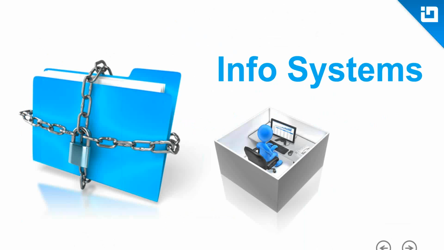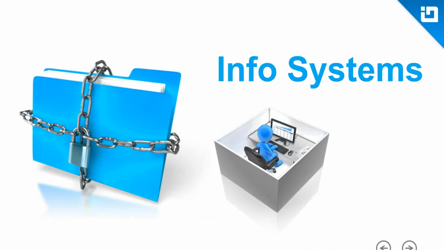Number 1, your corporate information systems. So we're talking about security when it comes to your CRM system, your file shares, let's say SharePoint, accessing any type of corporate resource that's on-premise or in the cloud, but at the end of the day, it's tied to that corporation.